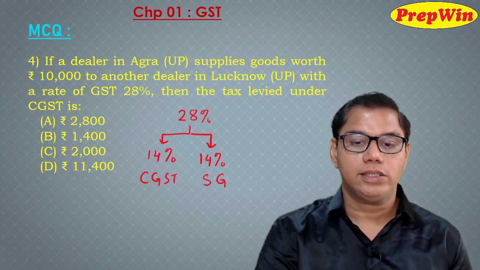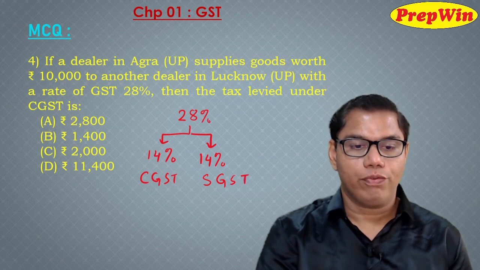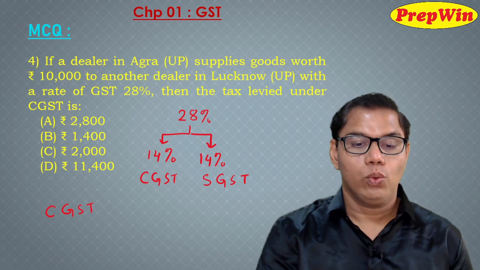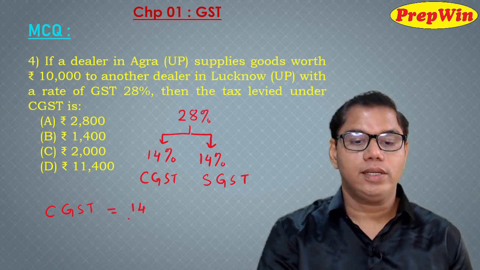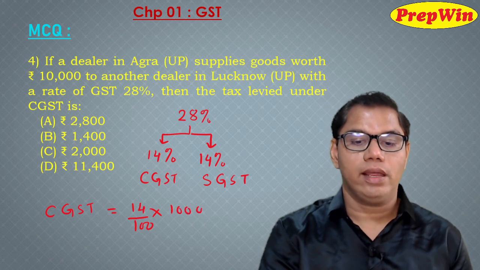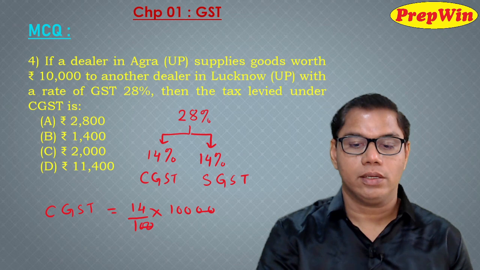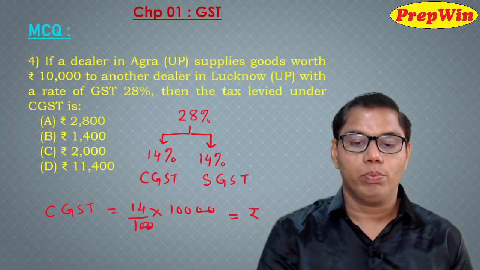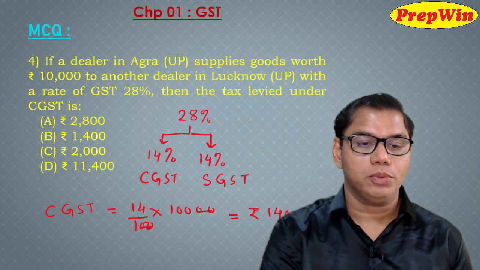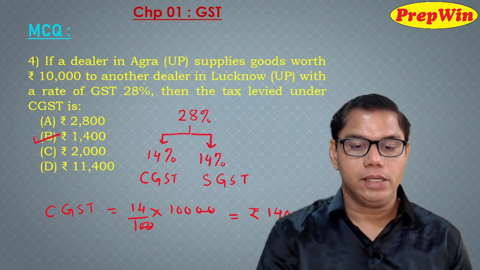So in this question we are required to find out the CGST. So CGST will be equal to 14% of 10,000. So on cancelling 2 zeros from numerator as well as denominator, what you get is rupees 1,400. So my correct option is option B.